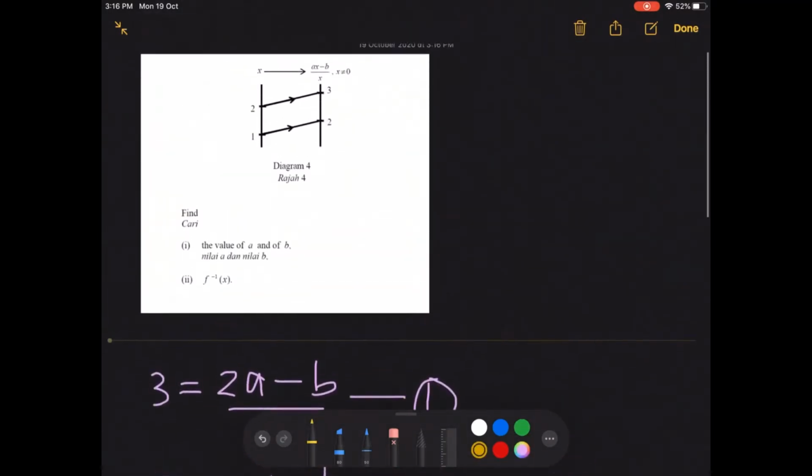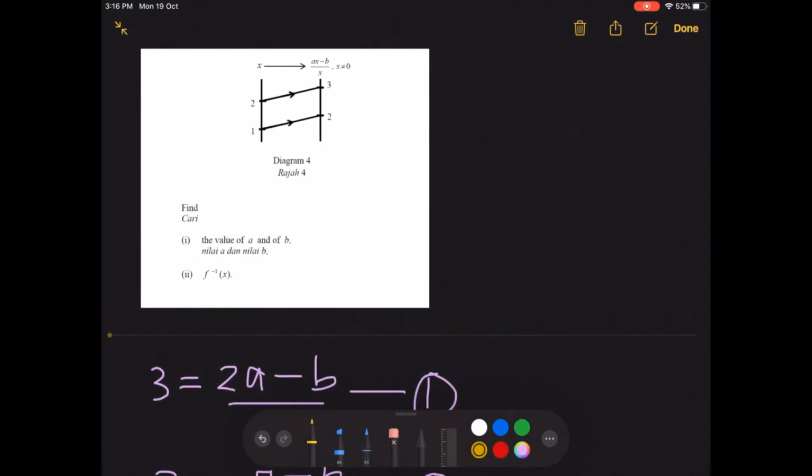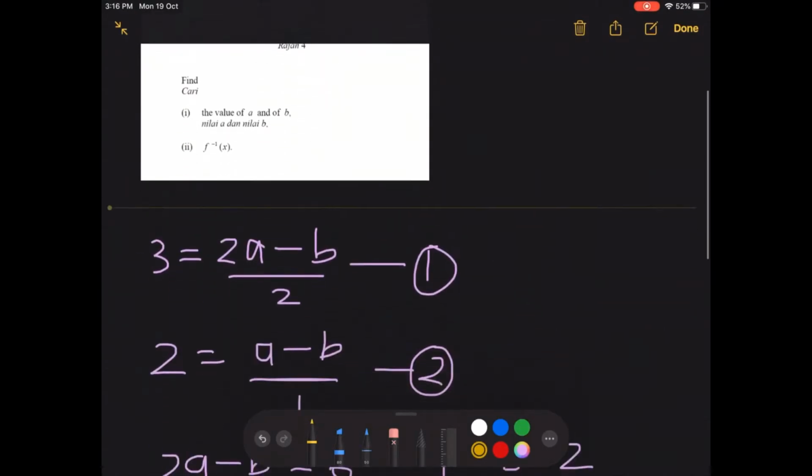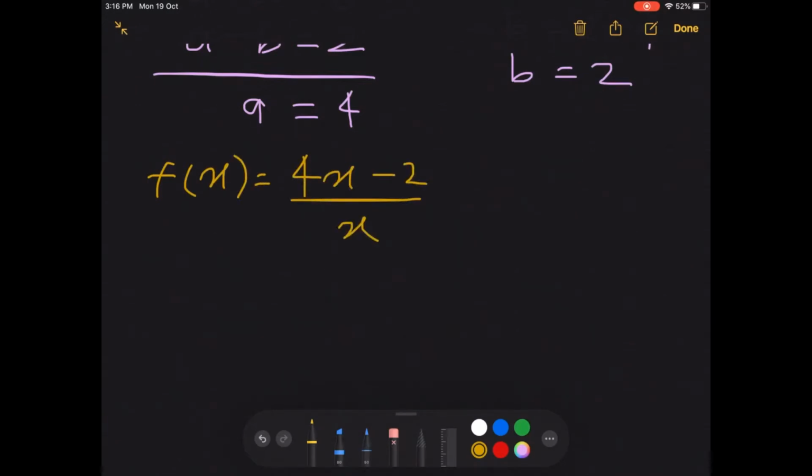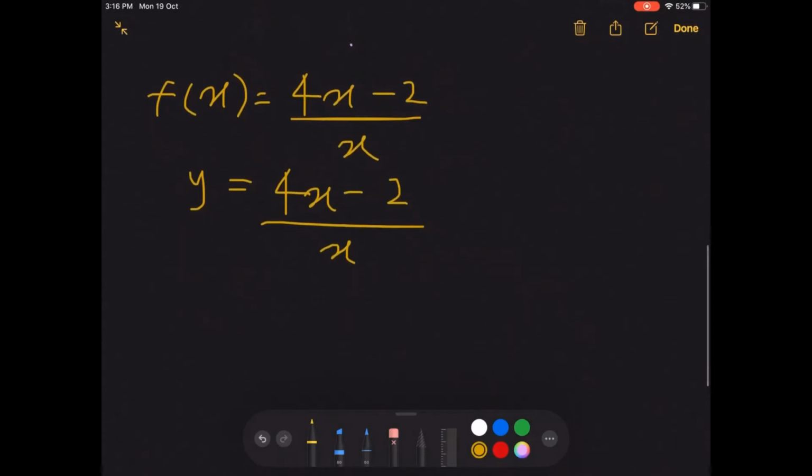Moving on to the next question, we have to find f inverse. So firstly, what we have to do is just write the equation f(x) equals (4x - 2)/x. Just kindly substitute the value of a and b into the equation, and then let y equal (4x - 2)/x.